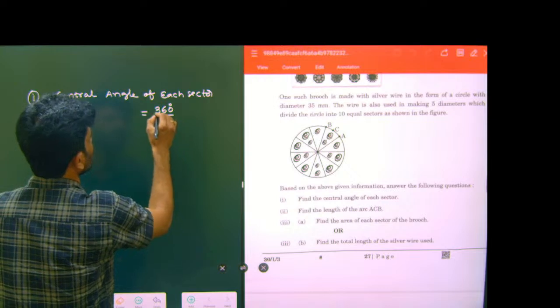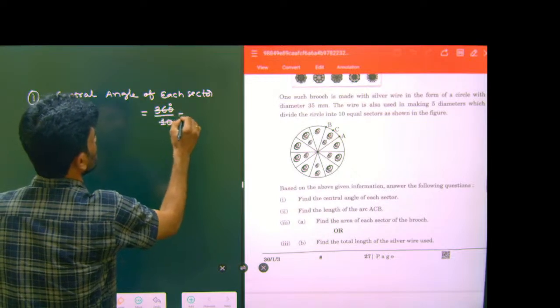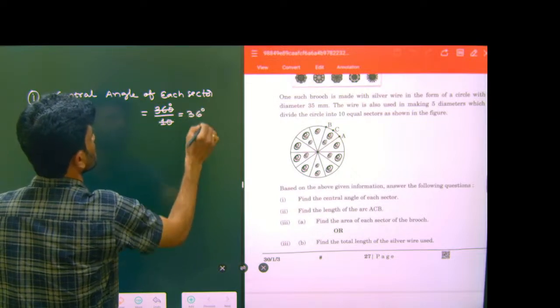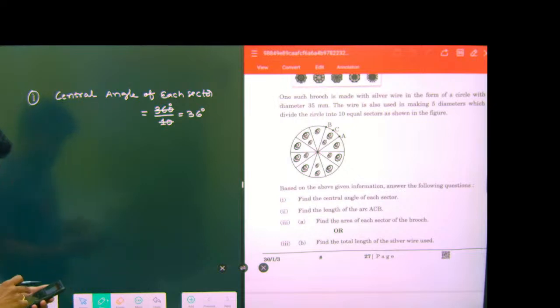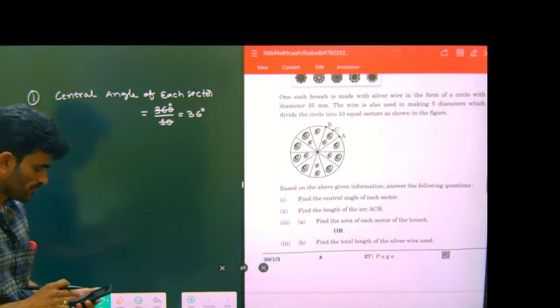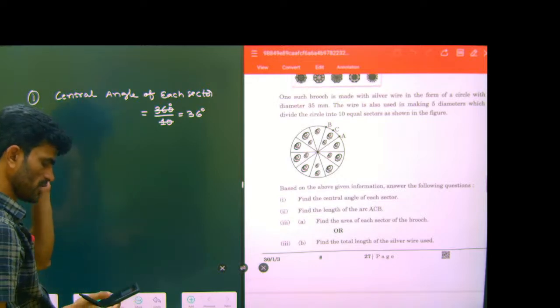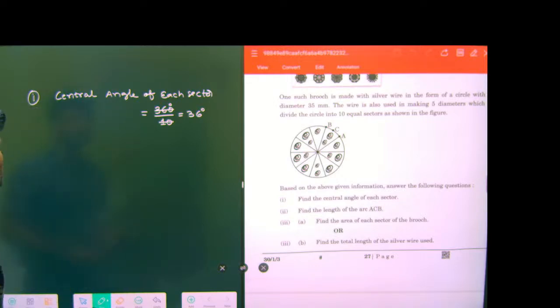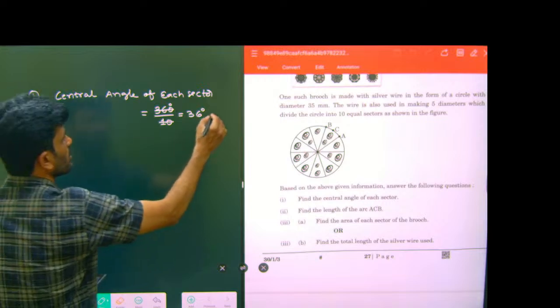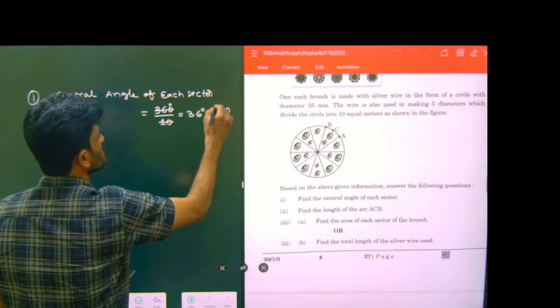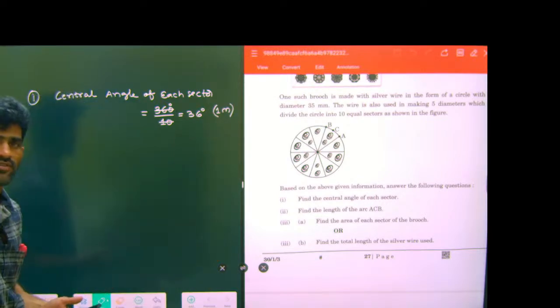Then, 0 and 0 cancel, each part will be 36 degrees. So the first question's answer is 36 degrees. You can write what you have answered in the comment section, or check whether your answer is correct. This is for 1 mark, very simple one. This is there in the textbook, that is a 1 mark question.